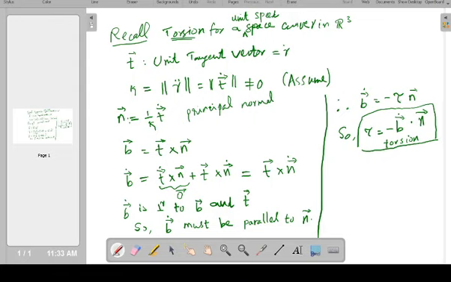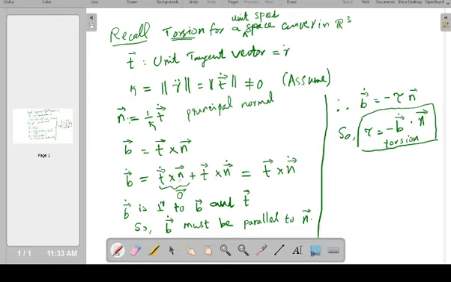Therefore, b dot is a scalar multiple of n, and we will put a minus sign here for computational ease. This scalar tau is called the torsion, and the torsion can be evaluated by taking the inner product of this equation with n on both sides. So tau equals minus b dot inner product with n, and this tau is the torsion.